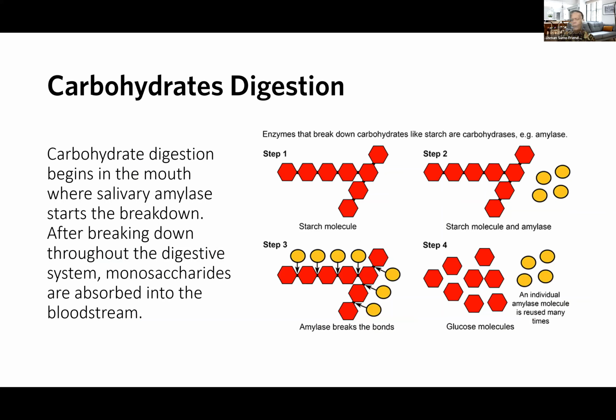Now let us move to discuss carbohydrate digestion. Carbohydrate digestion begins in the mouth where salivary amylase starts to break down. After breaking down through the digestive system, monosaccharides are absorbed into the bloodstream. Let us see in the figure on the right side, there are at least four steps. In step one, you see the red color. It is a branched chain of polysaccharide.